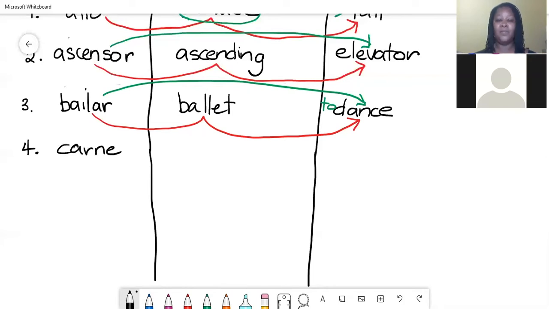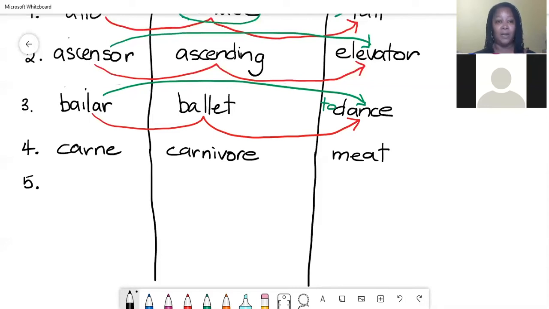Carne resembles carnivore, and persons who are carnivores eat meat. Carne therefore means meat. And we have what I like to call families.